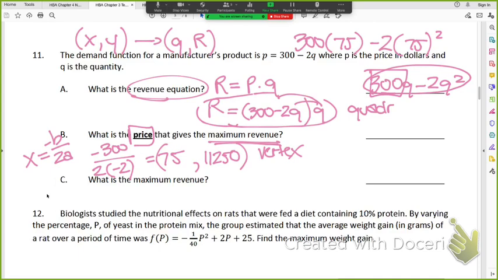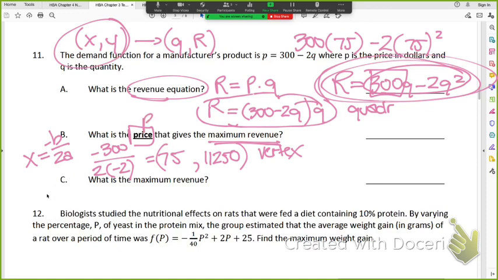Normally in a quadratic, we have an X and a Y. In this particular problem, Q is taking the place of X and R is taking the place of Y. So do I have anything right now for P or price?